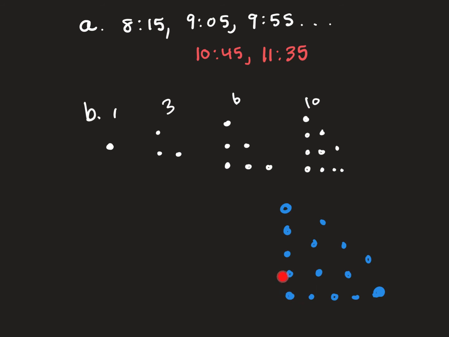We've got our 1, 2, 3, 4, 5, and then the next one would have 6.